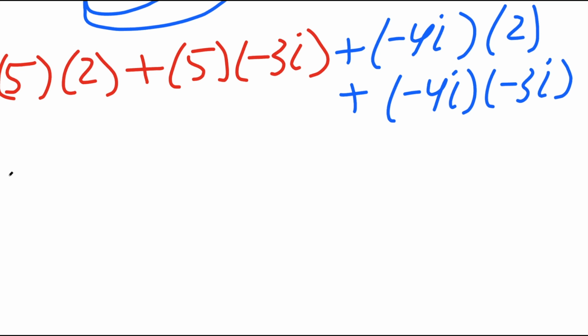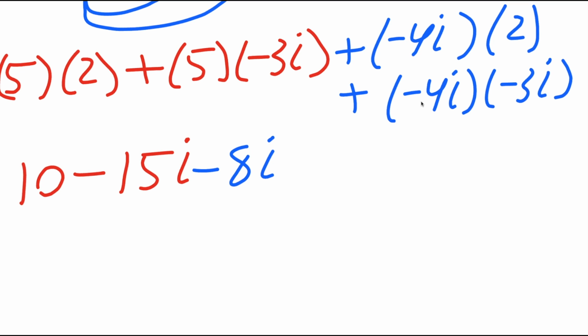So 5 times 2 would give us 10. 5 times negative 3i would give us negative 15i. Negative 4i times 2 is negative 8i. And negative 4i times negative 3i, negative 4 times negative 3 is positive 12.